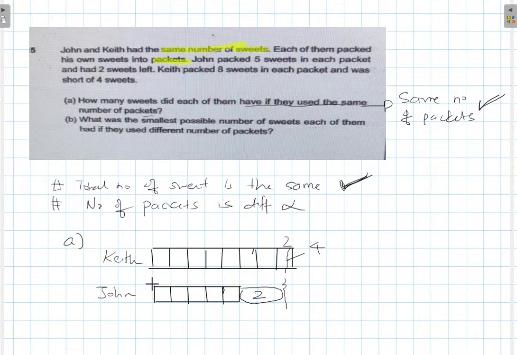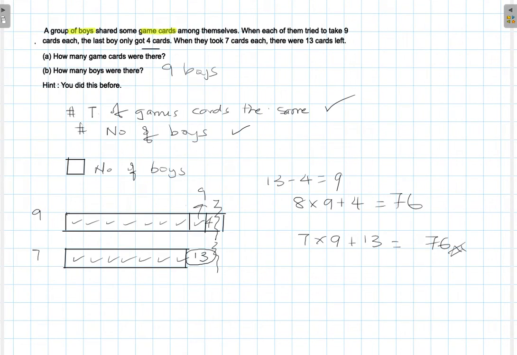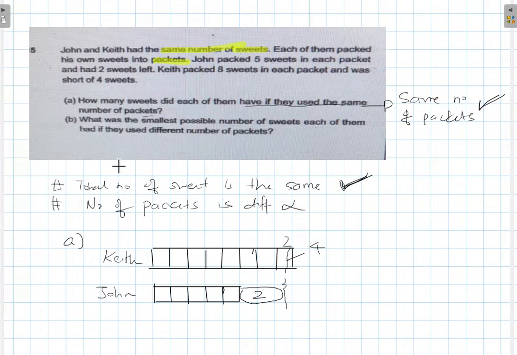This is not so direct as in this question, correct? Because in this question you can easily find that this one box, number of boys, is this one box. Okay, so it's asking you, if number of packets, this one box is number of packets, okay?